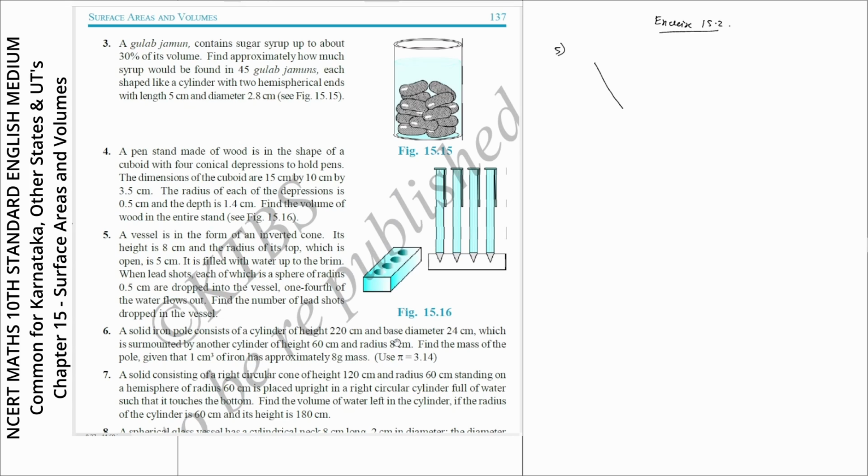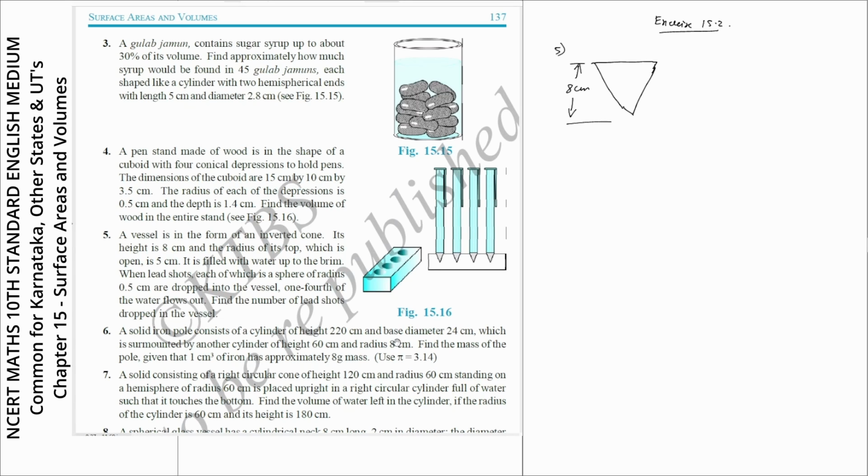So the vessel is in the form of an inverted cone like this, and the height of the cone is 8 centimeter. So this is 8 centimeter, and what is the radius?